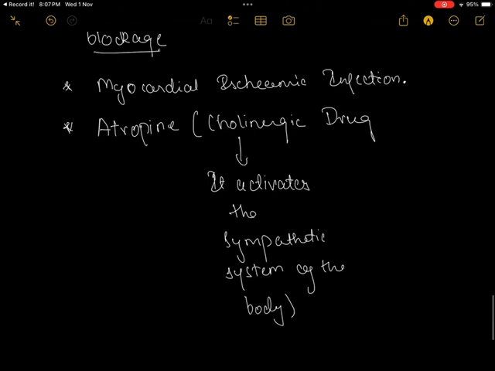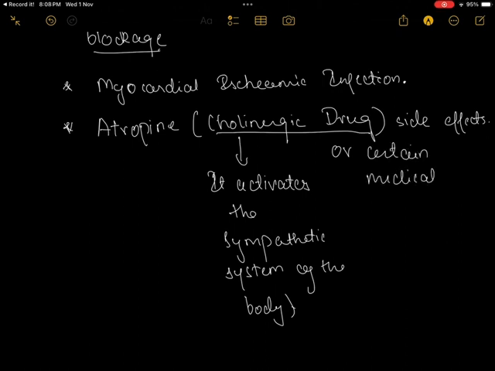So due to high dosage of atropine, or any cholinergic drug, or if you take an anticholinergic drug also, there are side effects which may also lead to sinoatrial blockage. Any other certain medications taken in a high dosage may also lead to sinoatrial blockage.